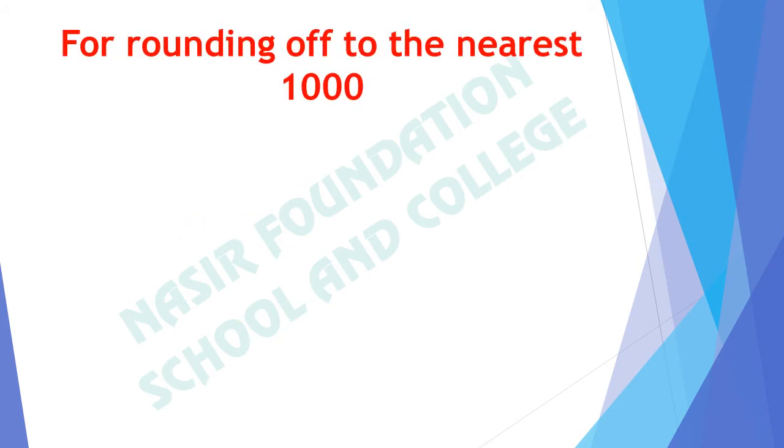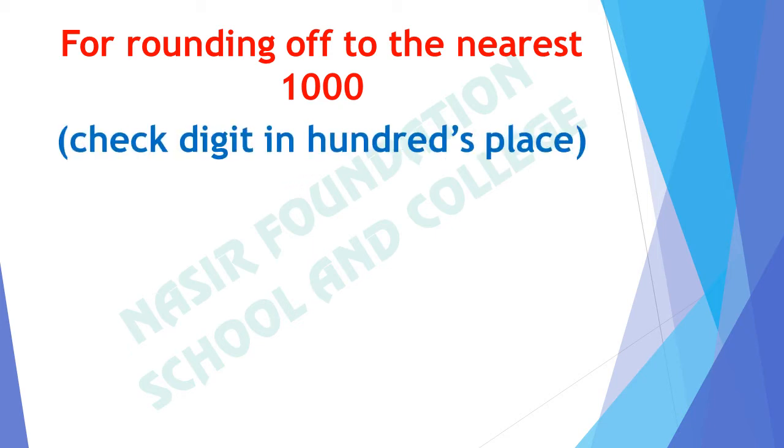For rounding off to the nearest 1000, what is the rule? Can you tell me? If we want to round off a number to the nearest 1000, which digit we consider? We consider the digit in hundreds place. We have to follow the same rules if we want to round off the money.